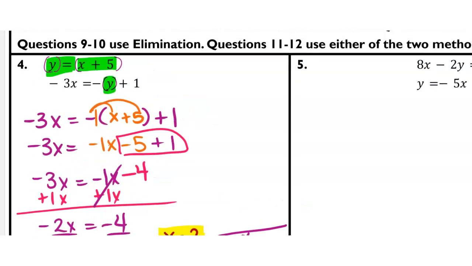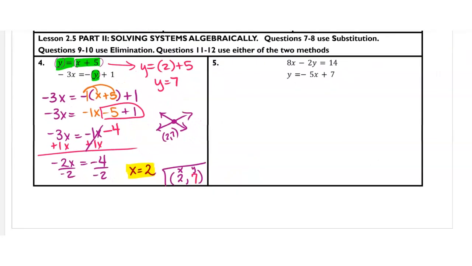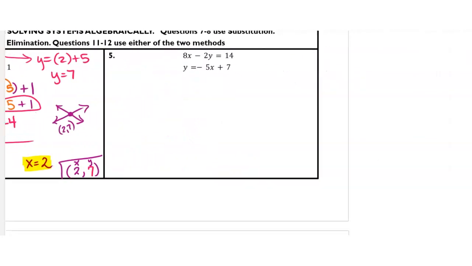And now we're going to use the first equation, substitute my x value, and we get y is equal to 7. So when we draw these two lines, their solution is 2, 7. Make sure you use your calculator to double check your answer.